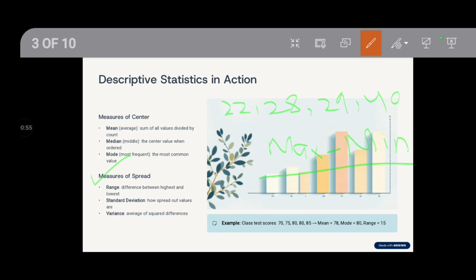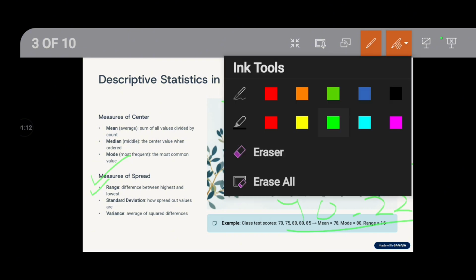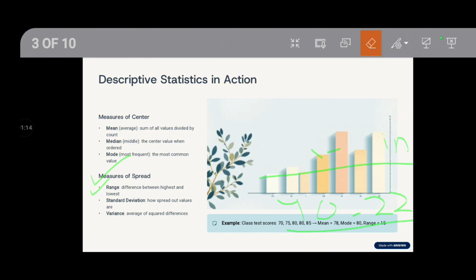First we look at what our maximum value in this data set is, that is 40, and the minimum value we have is 22. Simply, if we subtract, we will get our range. So this is how we find the range. And now if we move towards the next, let me erase it first.